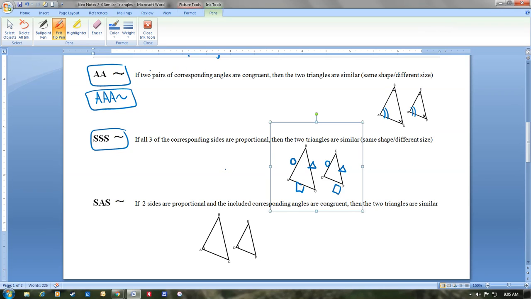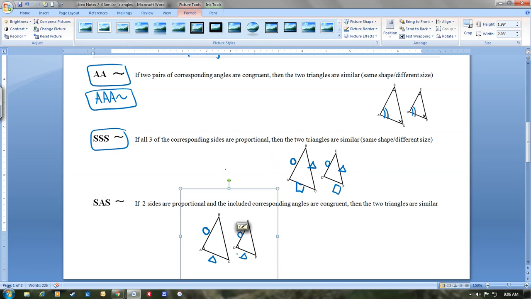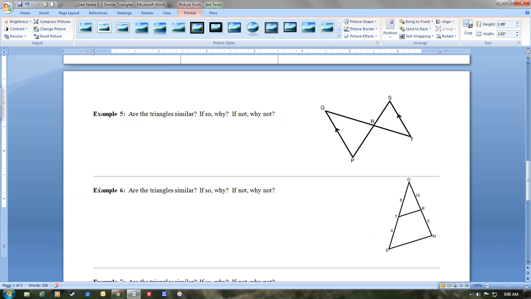We have, again, 2 sides are proportional and their corresponding included angle are congruent. So like, let's say that these 2 sides form a ratio that equals this ratio. That's a side, angle, side. Let's go to the back side and use these 3 ideas.